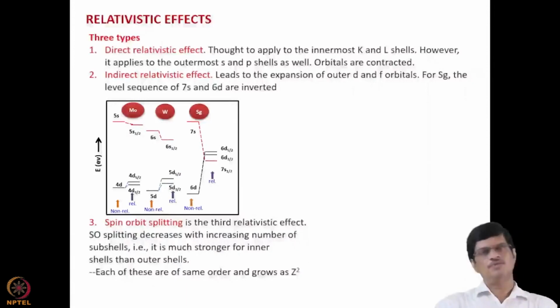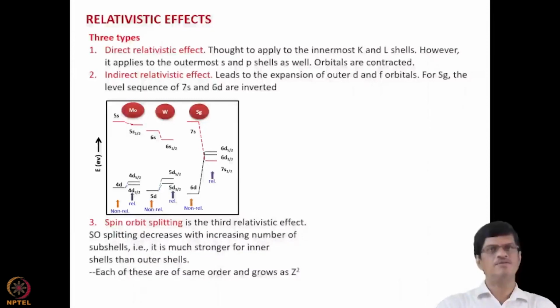Now there is a third relativistic effect, called the spin-orbit splitting, or SO splitting. This SO splitting decreases with an increasing number of subshells. That is, it is much stronger for the inner shells than for the outer shells.